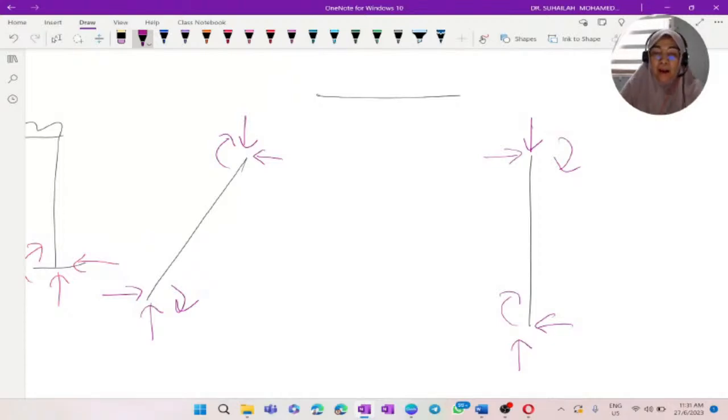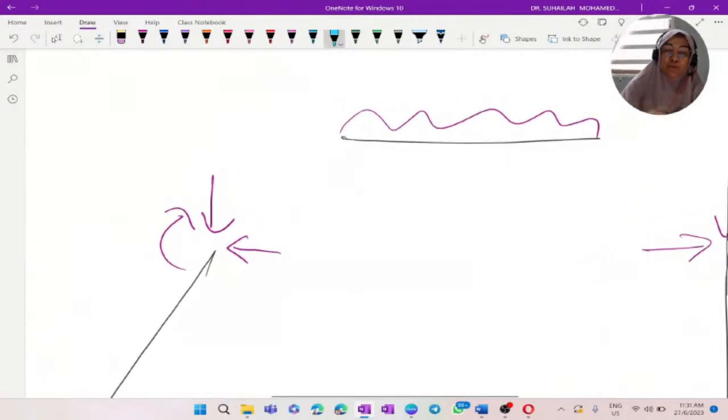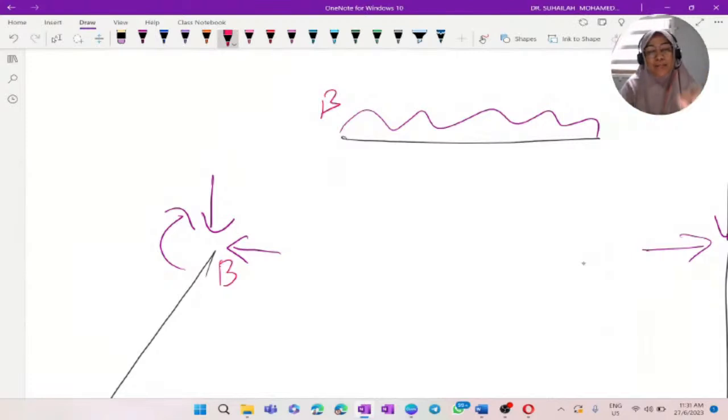Now for member BC, we have member BC subjected to loading. In between point B and point C, don't forget, we have a joint.